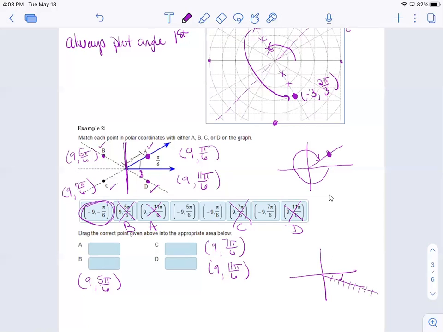Because I don't have polar graph paper right now. This is how you do it if you didn't want to print off polar graph paper. All right, the problem is I don't end up here because my R is negative. So I need to reflect over the pole. So I end up here. So that option is B.